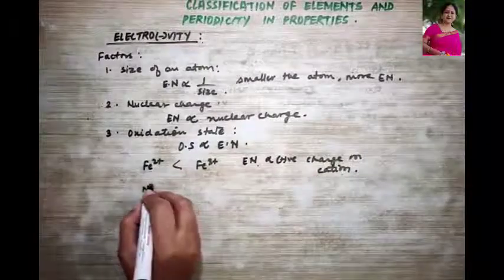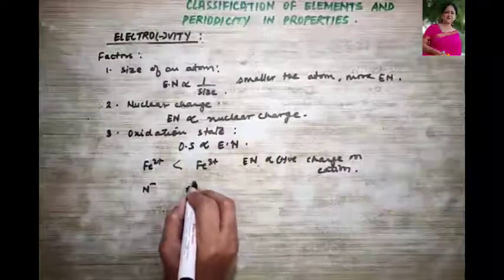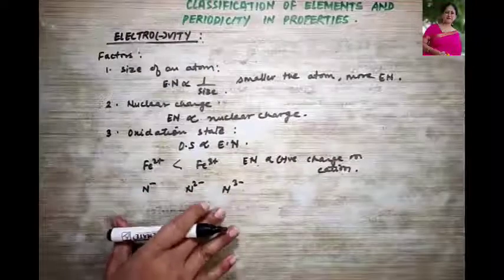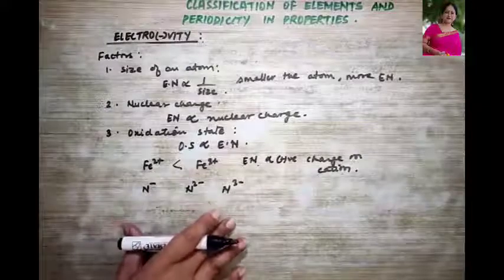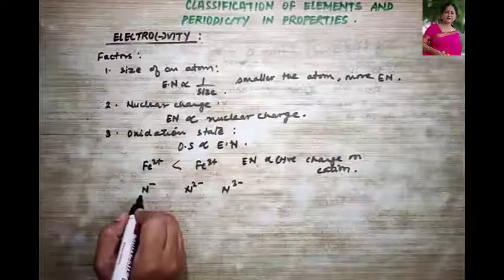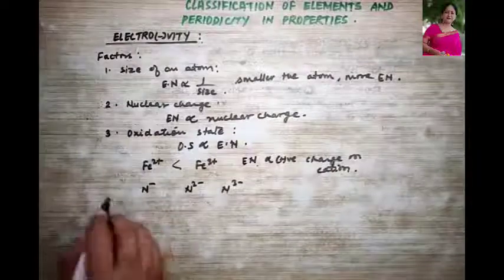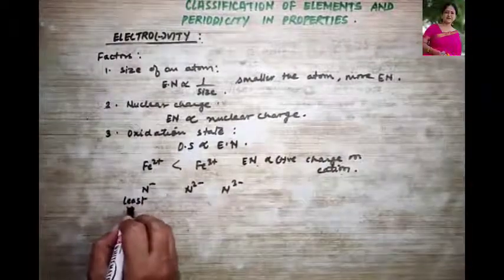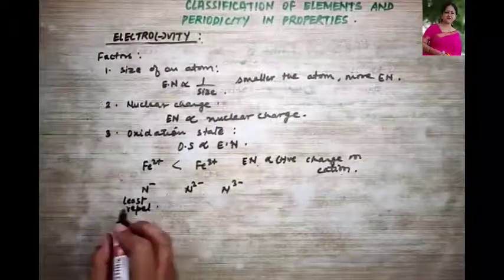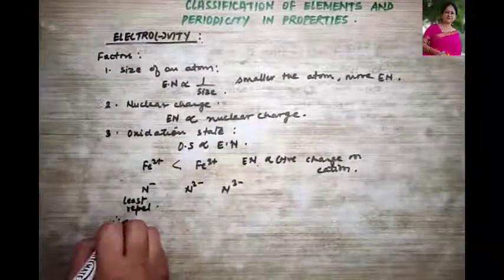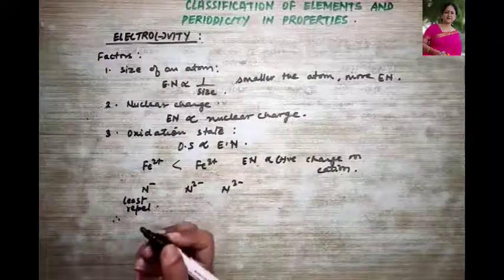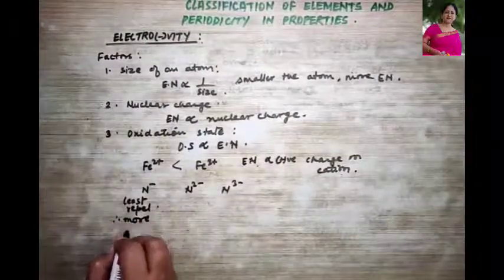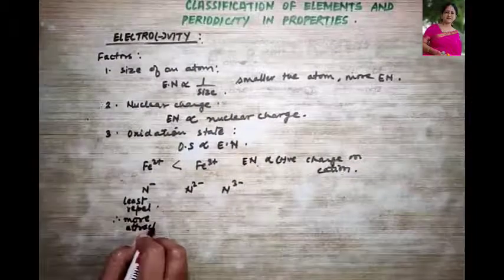I'm going to give you this N2- and N3-, and tell me which one is more electronegative. And over here we will see least electron repulsion. Least repulsion of electron. Therefore, if there is least repulsion, it means that more attraction is there, isn't it?